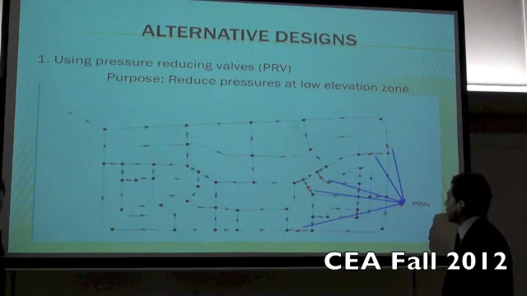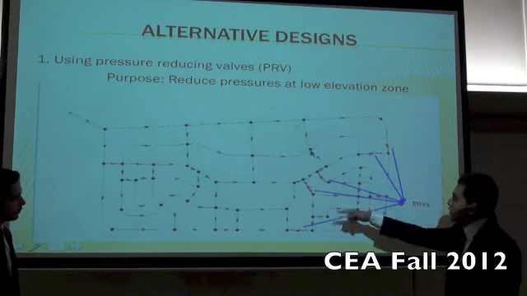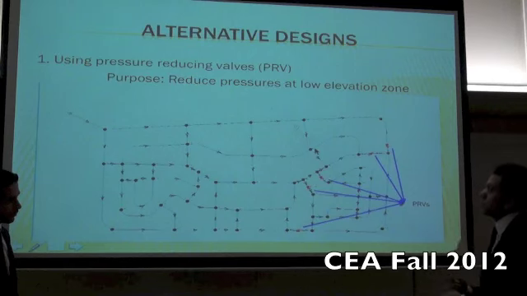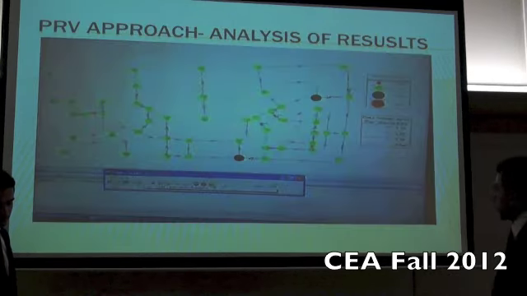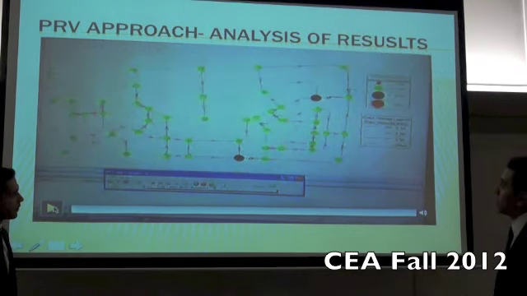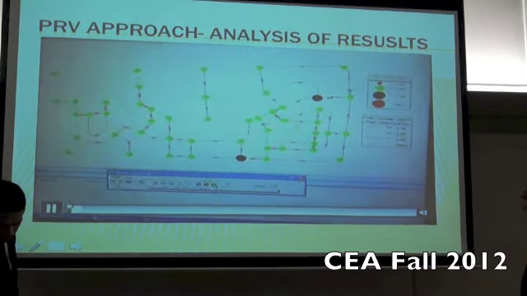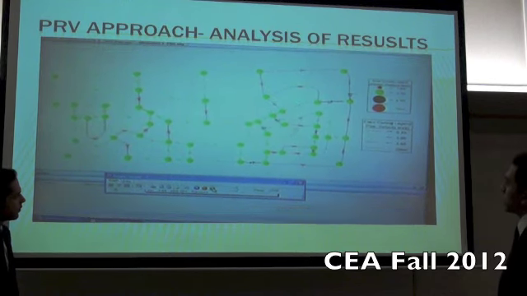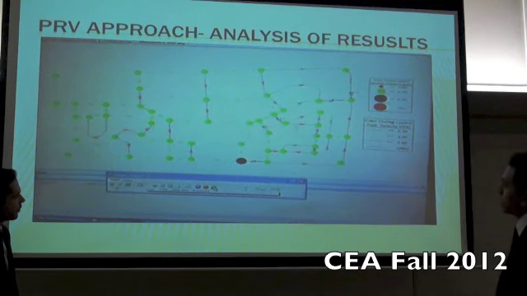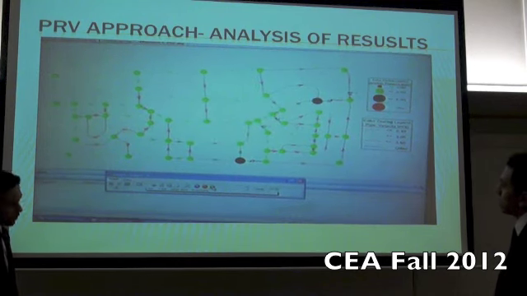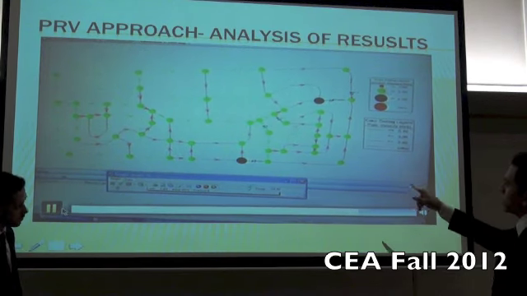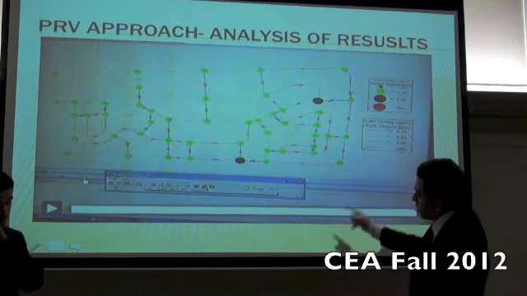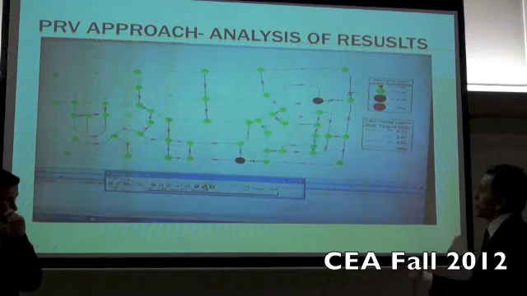So we put these pressure reducing valves and we adjusted the diameters, and after many iterations, when we ran the EPS for this model, you can see that the pressures are all green, except when it reaches the evening. At the end, we have only 2 junctions that exceeded the 5 bars.